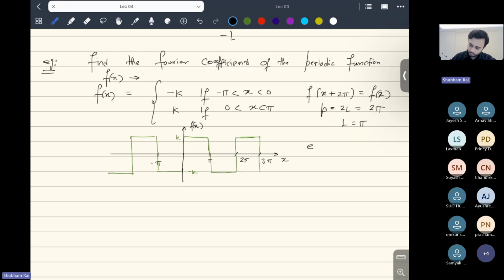Let me write here the importance: external forces acting on mechanical systems can be approximated by this periodic function, and also electromotive forces in electrical circuits.